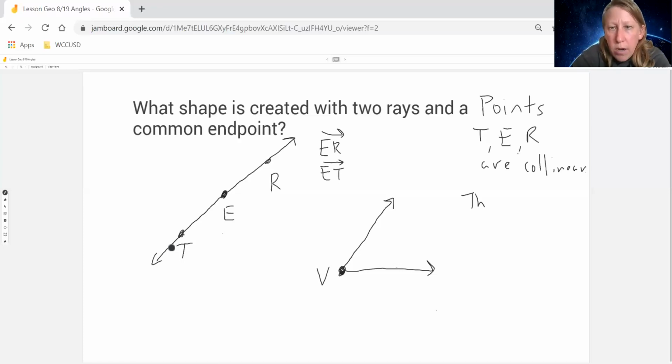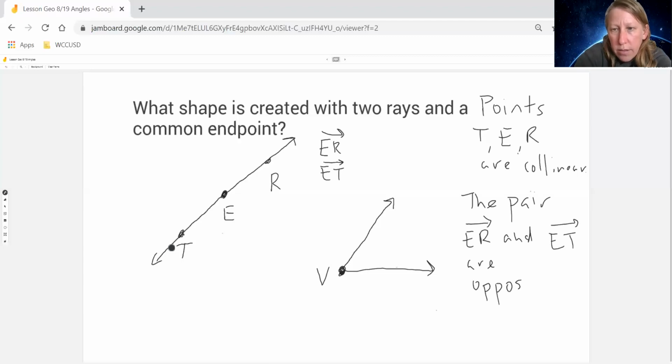So the pair ray ER and ray ET are opposite rays. They have the same common endpoint. They both start with E, but they go on the picture in opposite directions.